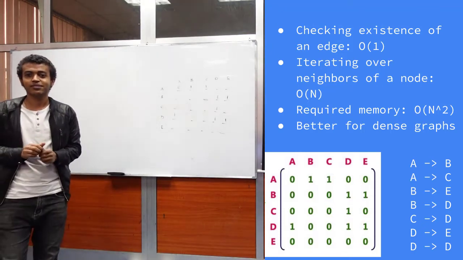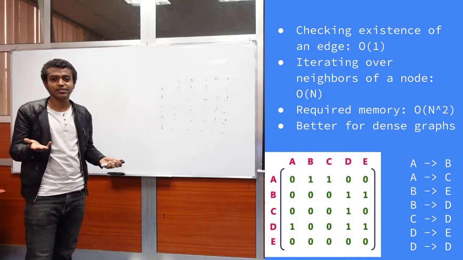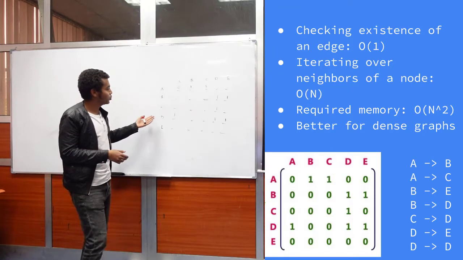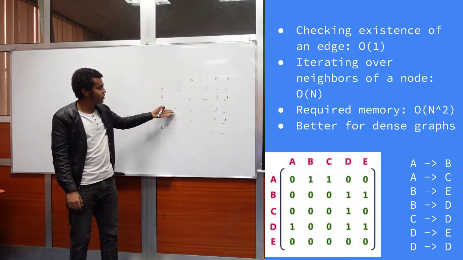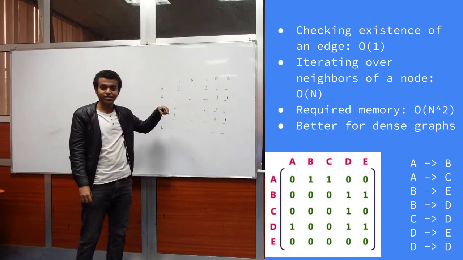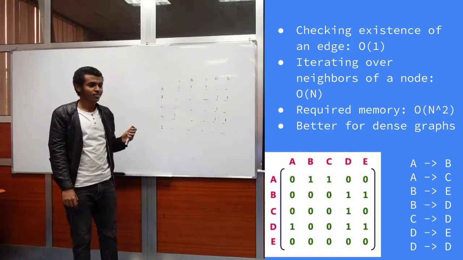Obviously, we only have to iterate over one row. Exactly. Since we're only looking at this row and then checking the vertices with one index, it's O(n). Is that clear? Okay.